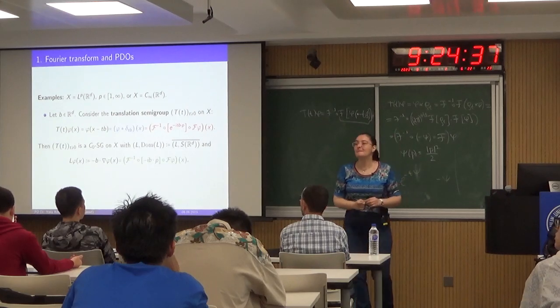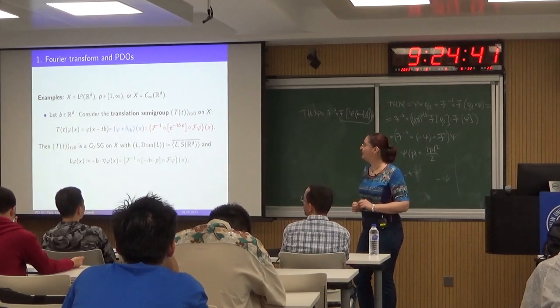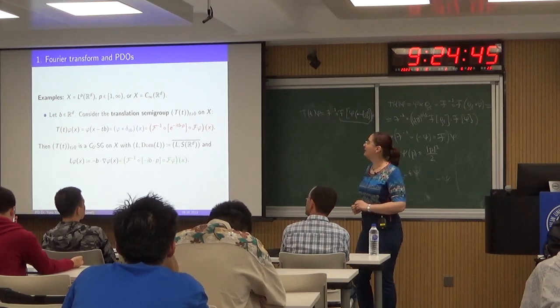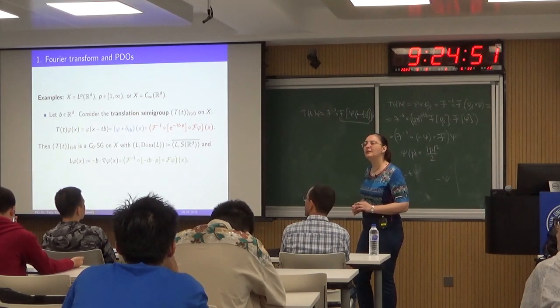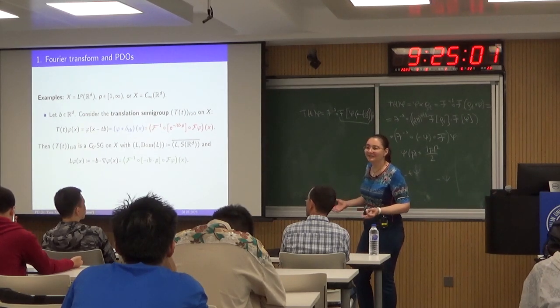So you give two examples now. One is that lambda is complex valued, another is real valued. Yes. That's the difference between the symmetry or non-symmetry of the operator, because it seems this semigroup is non-symmetric.